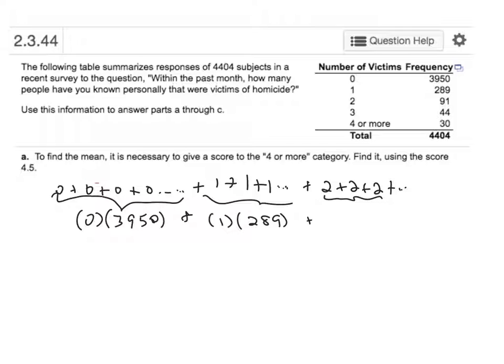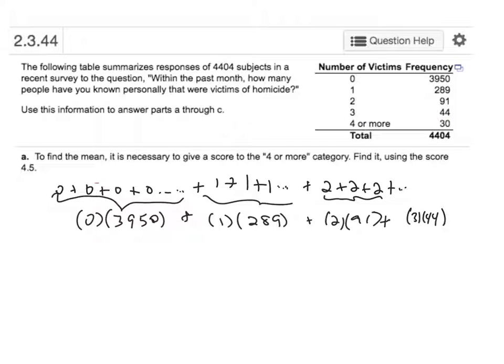This would be the number 2, 91 times. And those numbers, the number of times those occur, I'm getting out of my table. The table says that we're going to have the number 3, 44 times. That's what this row says.